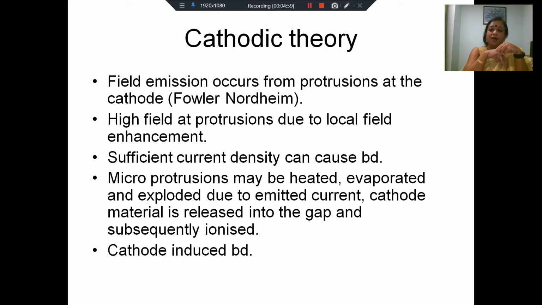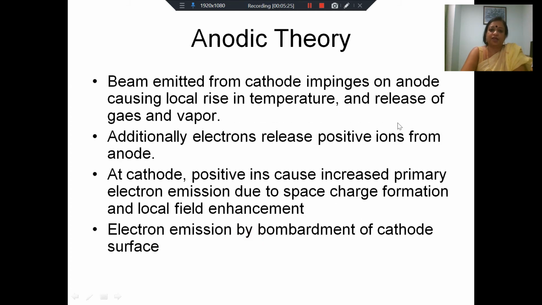So in vacuum, you might have particles, or gases, or clumps of metal, or clumps of particles which are injected into the vacuum gap, and these things will ultimately lead to breakdown. This kind of micro protrusion giving rise to cathode current is called cathode induced breakdown. Apart from that, we have the anodic theory, where a very similar process happens, but not at the cathode, but at the anode.